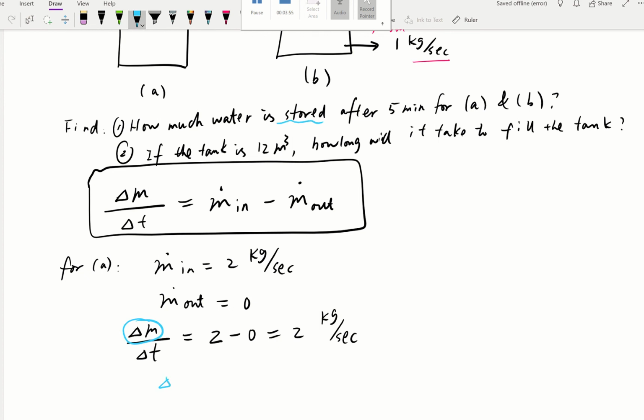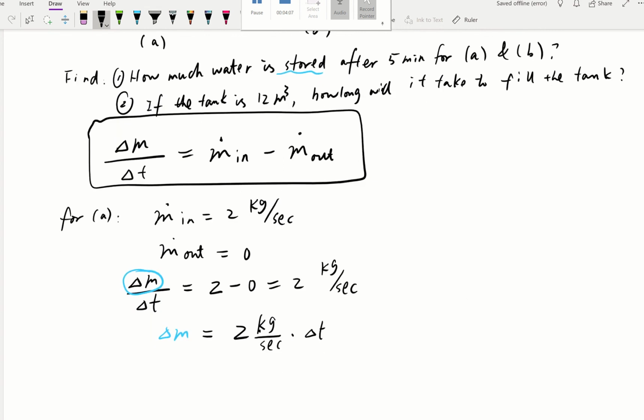So delta M is going to be equal to this 2 kilograms per second times our delta T. And our delta T is how much duration? It's 5 minutes, right? And each minute gives us 60 seconds.